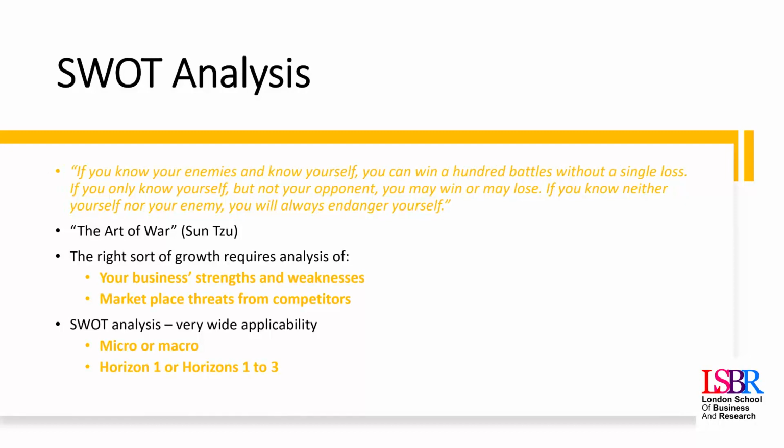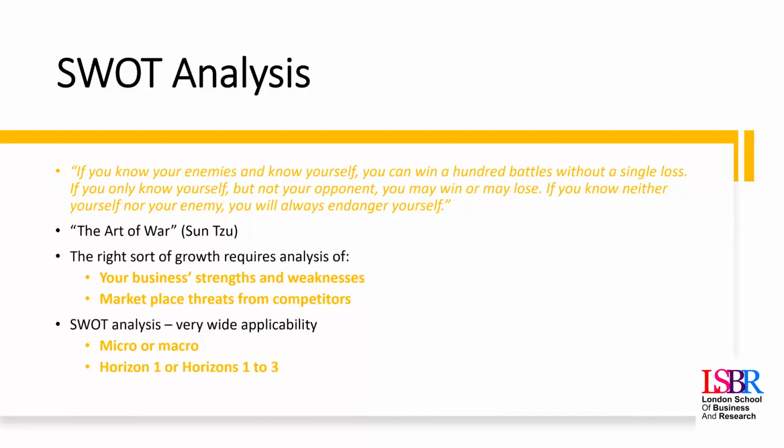You tend to find that the SWOT analysis can be done in a few different horizons. If you're looking at it from a micro perspective, then it very much is Horizon 1. So micro is very detailed, firm level, Horizon 1, short term. Or if you're looking at it from a macro perspective, then it will be more general, more high level, and it can be anything from Horizons 1 to 3.